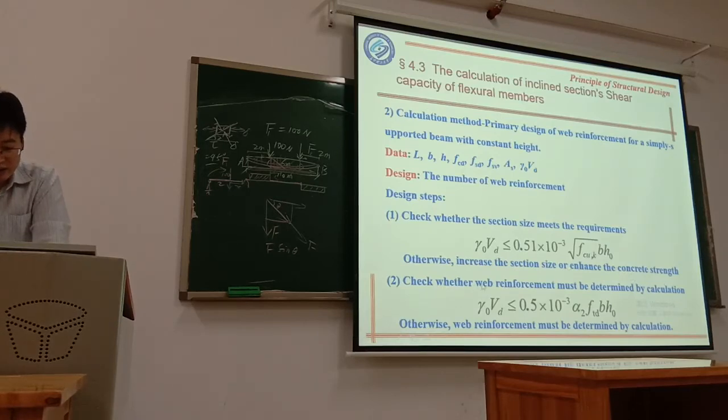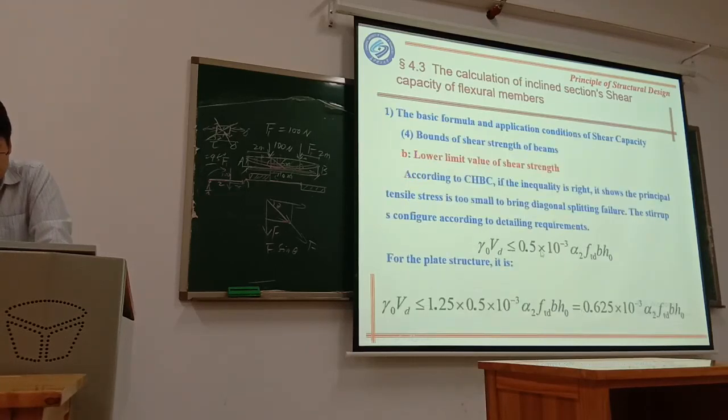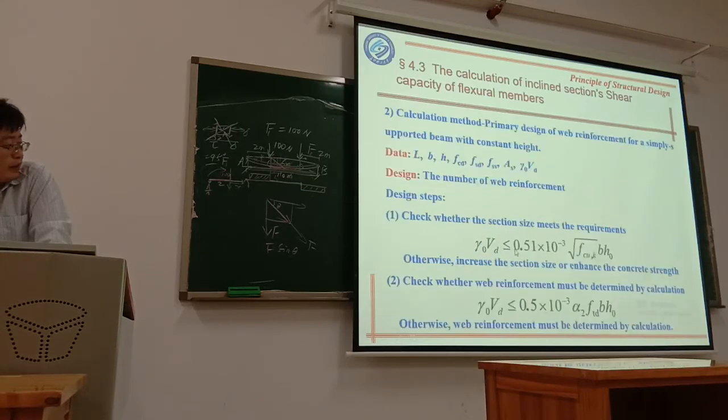And check whether the web reinforcement must be determined by calculation. Otherwise, web reinforcement must be determined by the calculation. So this one is this equation. If it meets this equation, then we have to calculate.